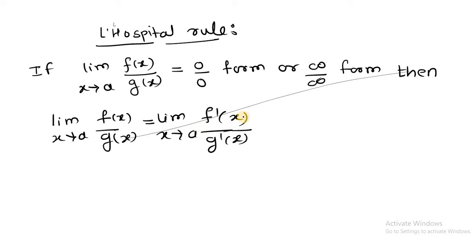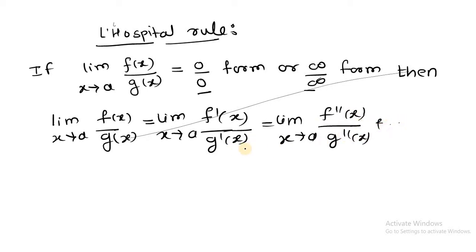Okay. Again, suppose this limit is either 0 by 0 or infinity by infinity, then to find the value of this limit we apply L'Hospital rule again: it is f double dash of x upon g double dash of x, and we repeatedly apply L'Hospital rule until we get a finite limit.